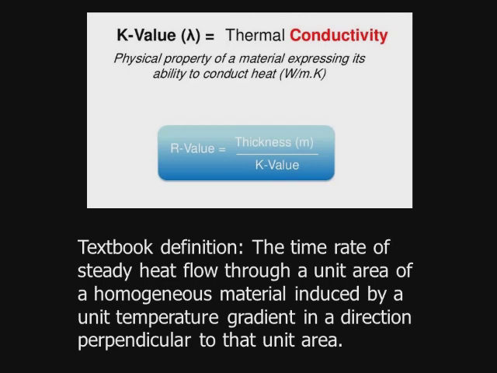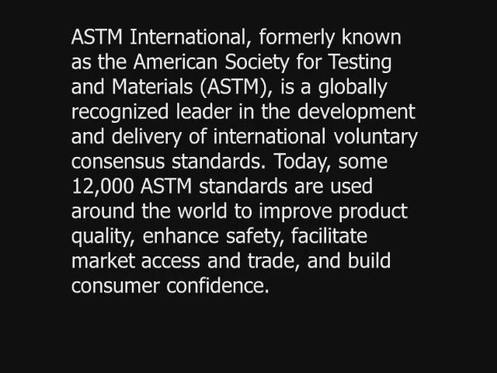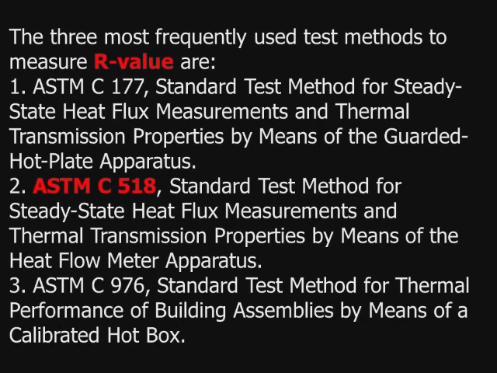So how do you determine what a given material has for R value or K factor? Well, going to ASTM, which was formerly known as the American Society for Testing Materials, and is now known as ASTM International. This organization has developed thousands upon thousands of standards and tests to test for the values in these standards.